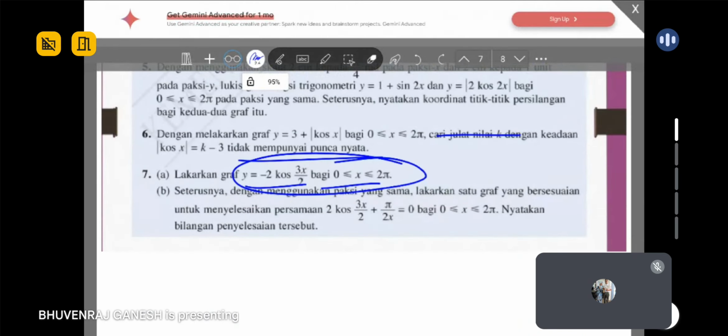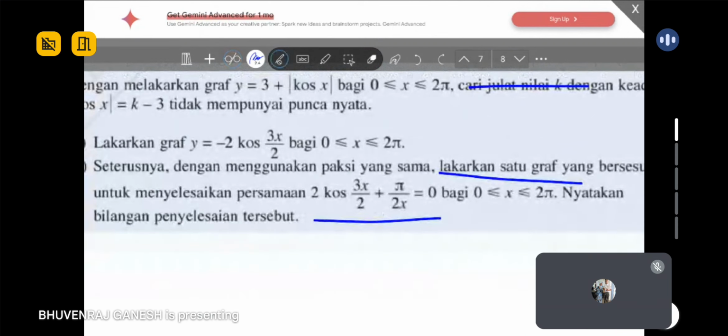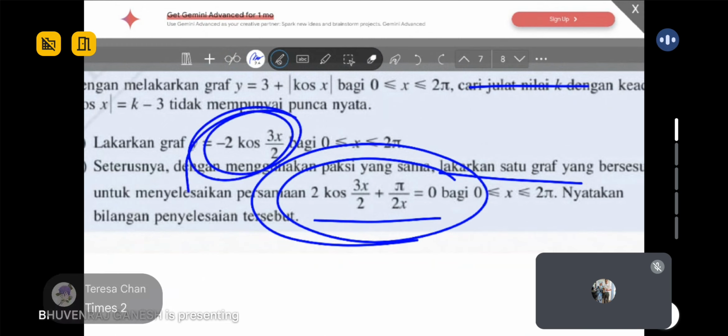So now, 7B. Last. They ask you to draw a graph to solve the equation. Guys, may I know how to modify this equation? What should I do as the first step? Think. What is your first step? Make sure you get this graph. Times 2?